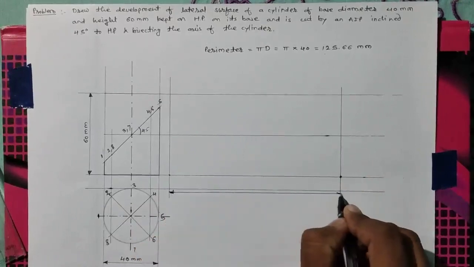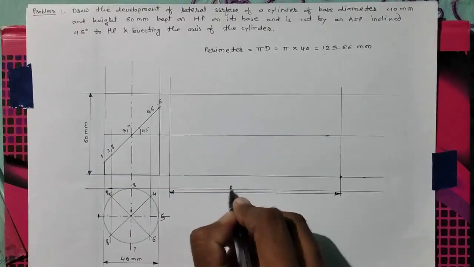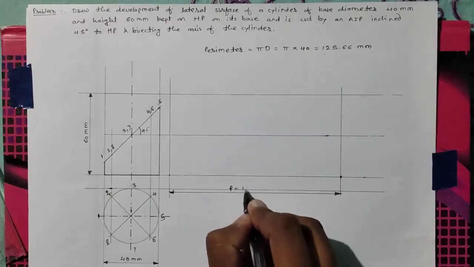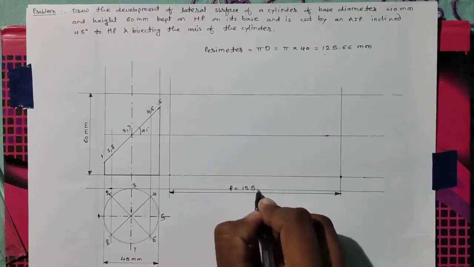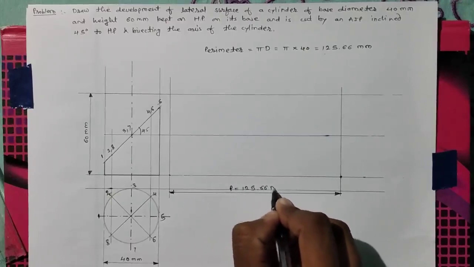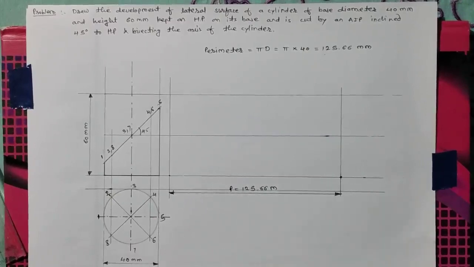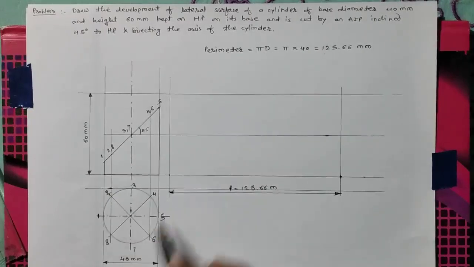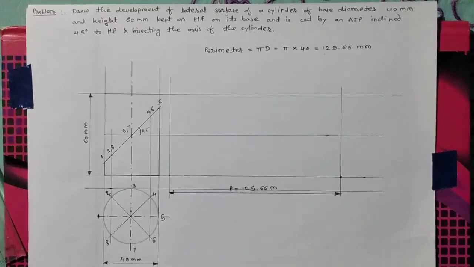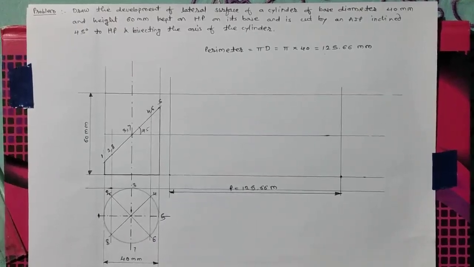This distance is the perimeter of the circle, that is 125.66 mm. After that, we have divided this circle of the top view into 8 equal parts.